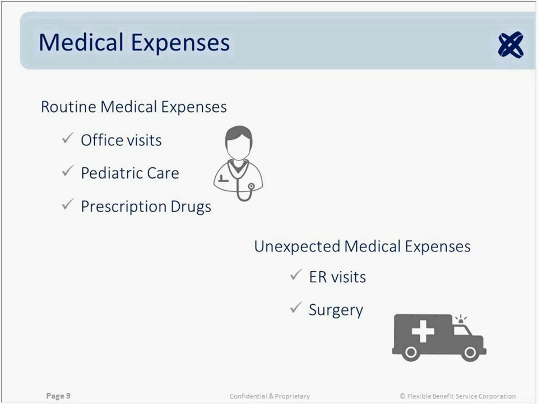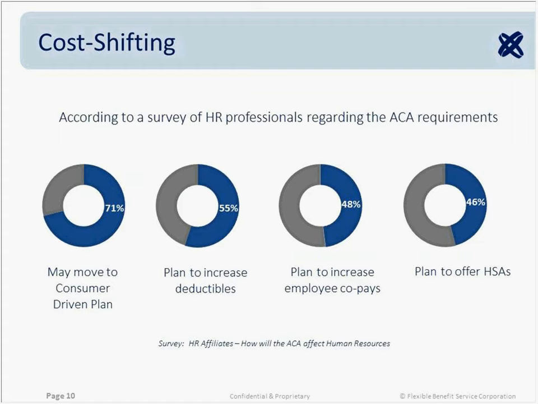And then there's also the expectation that at least some people will incur some unexpected medical expenses that will result in emergency room visits or surgeries or some other type of medical expense. So all of these things are drivers into the overall increasing insurance premiums.